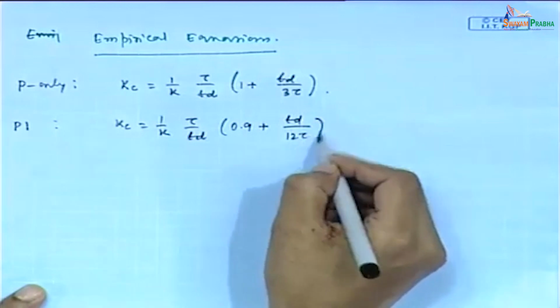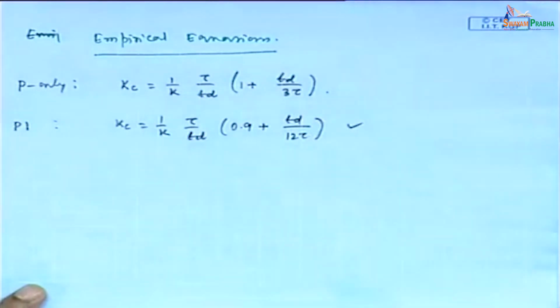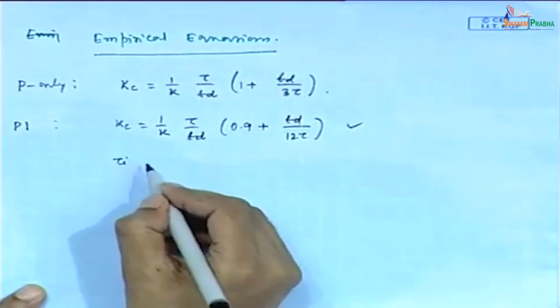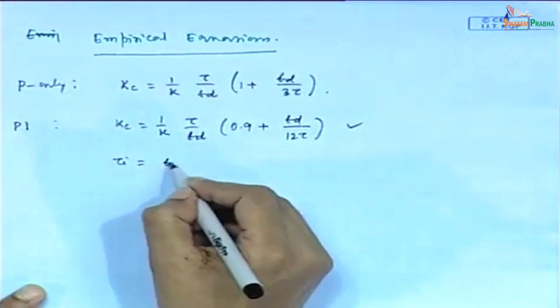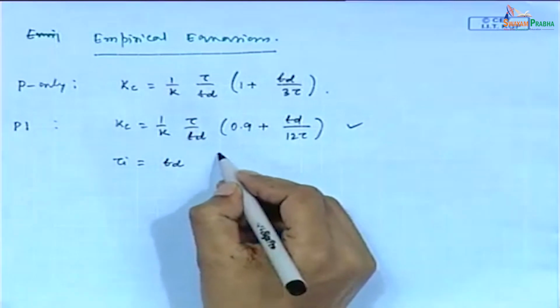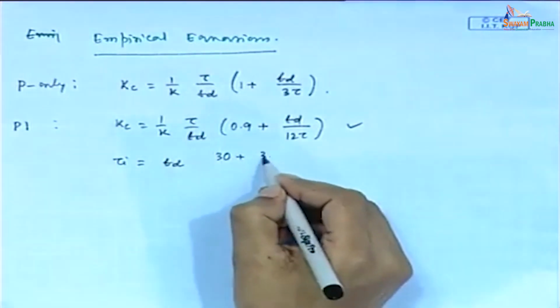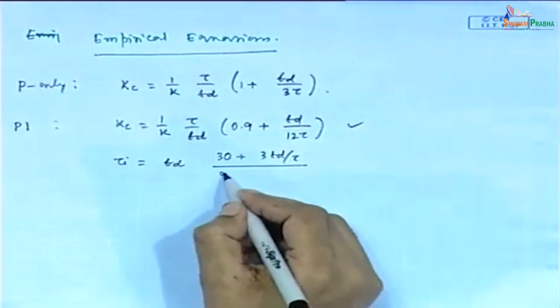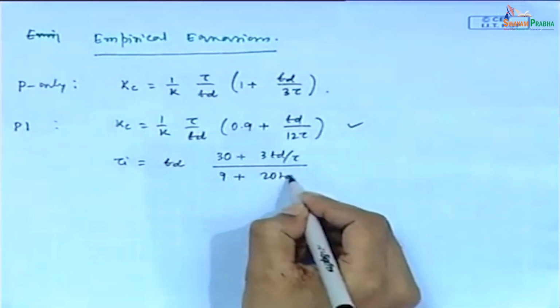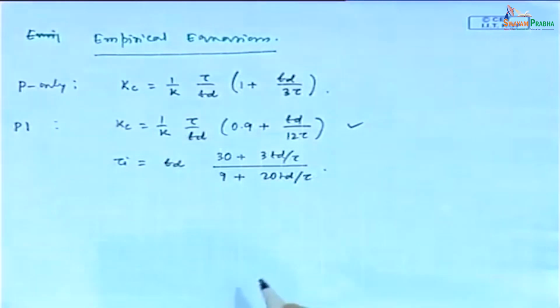This expression they got for Kc, and for tau i they obtained tau i equals Td, 30 plus 3 Td by tau divided by 9 plus 20 Td by tau.